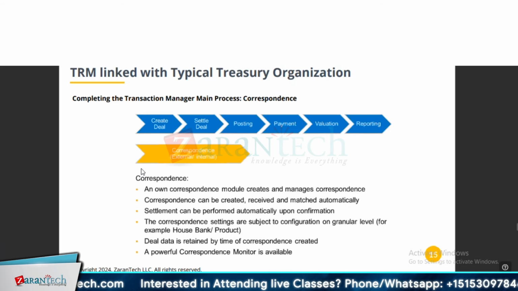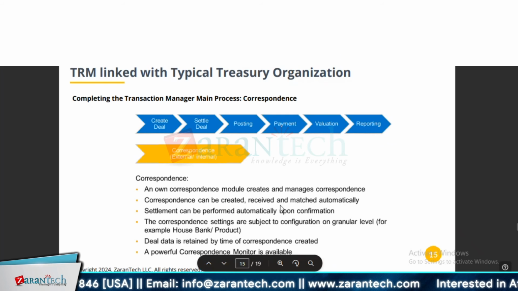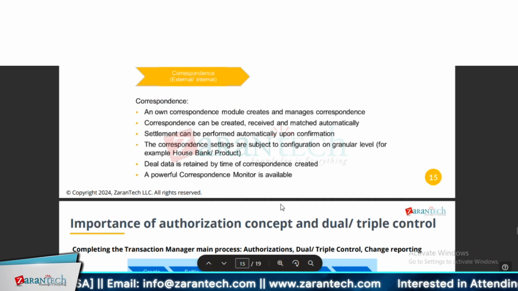Once the bank sends the inward correspondence, it is matched automatically. We configure the system in such a manner that these correspondences fit a particular transaction, and once they match, the foreign exchange deal gets settled automatically. So it's a very powerful tool to have an automatic quick check for forex transactions in SAP.